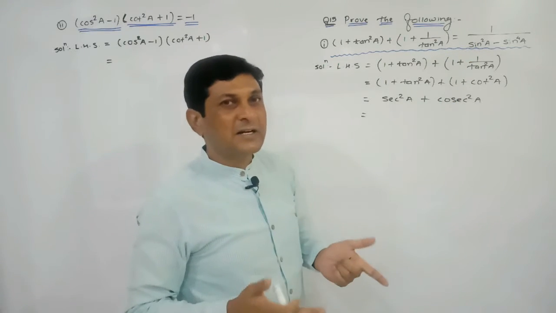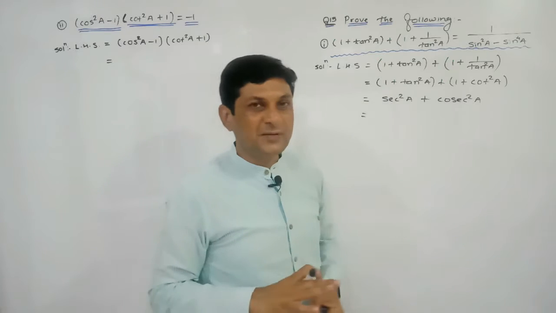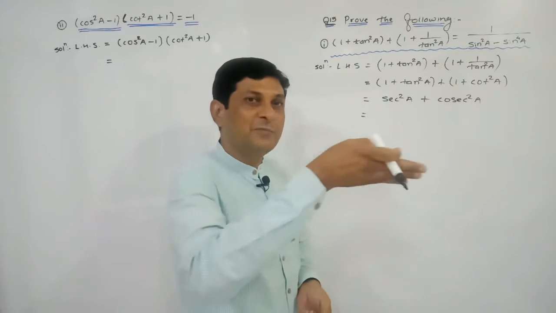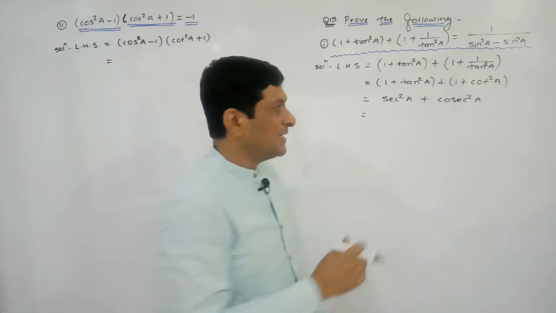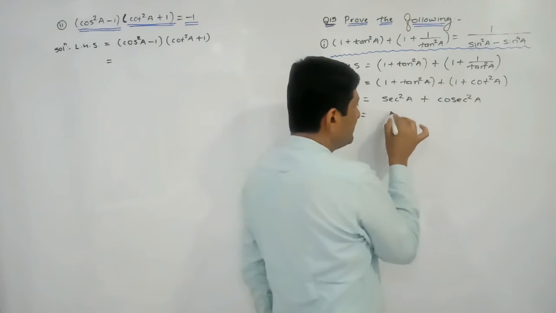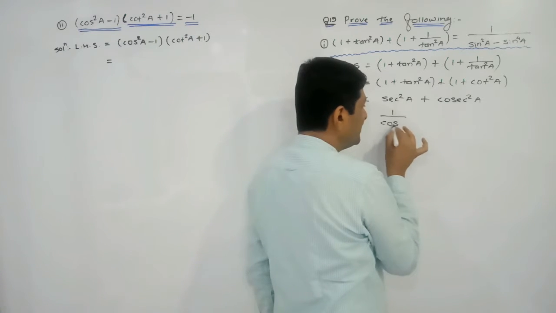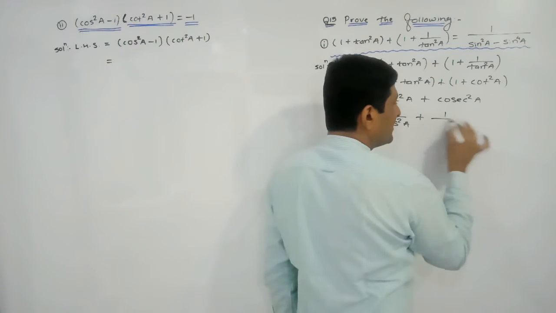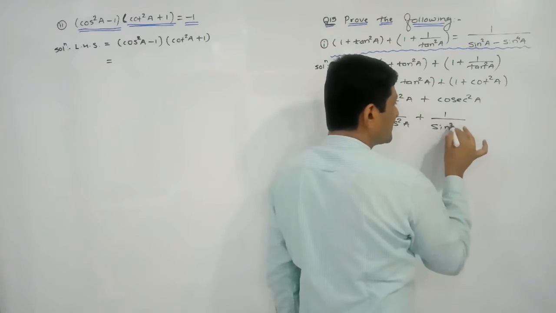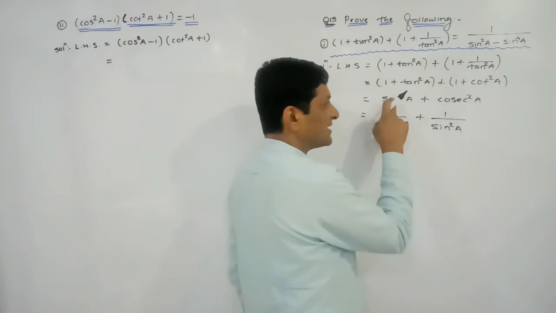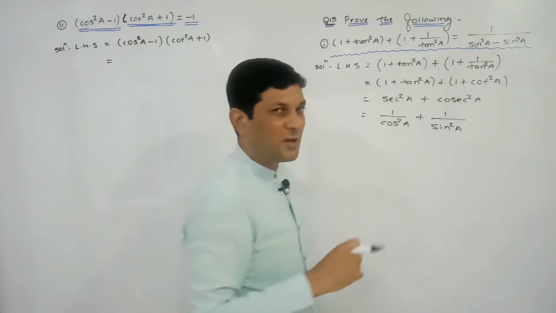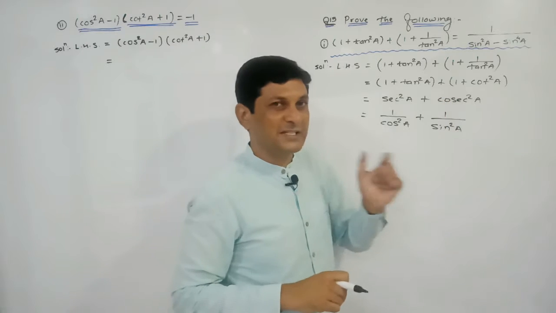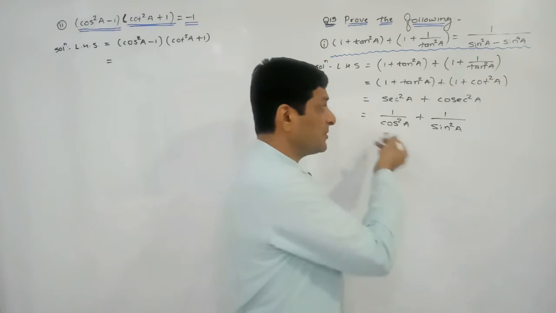So we are converting this expression in terms of sine and cos, because cos can be converted in terms of sine. Here sec square a can be written as 1 upon cos square a using interrelation between trigonometric functions, and cosec square a can be written as 1 upon sine square a, because cos and sec are reciprocal of each other, and sine and cosec are reciprocal of each other.